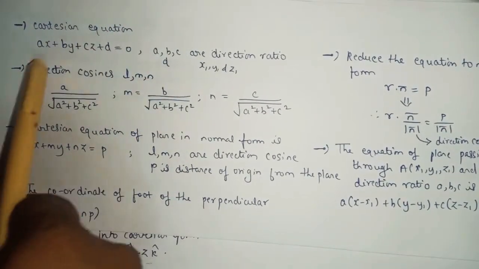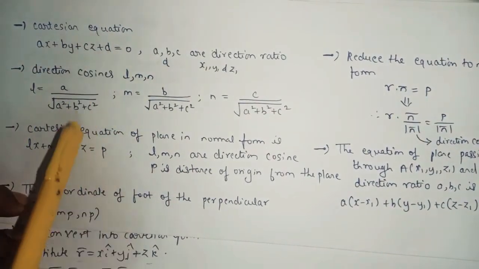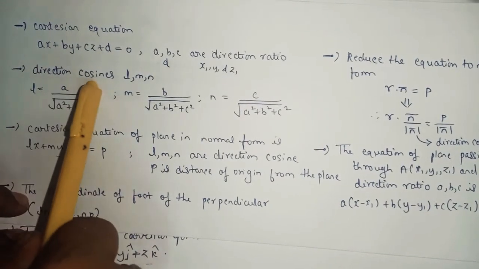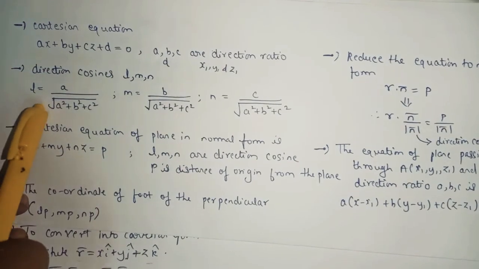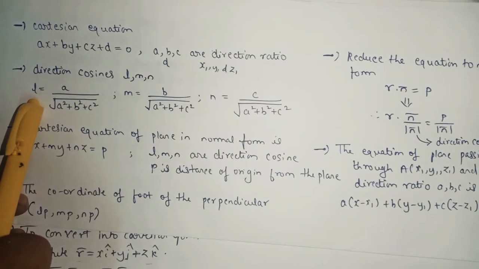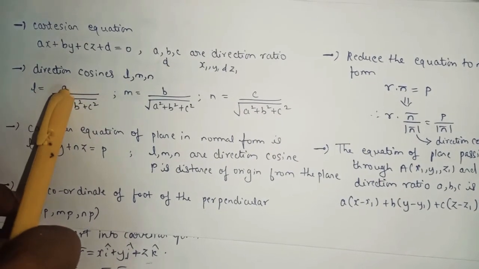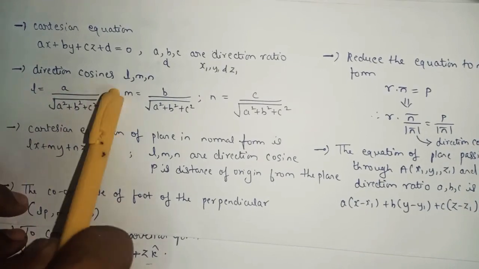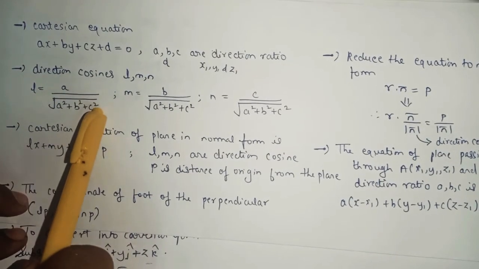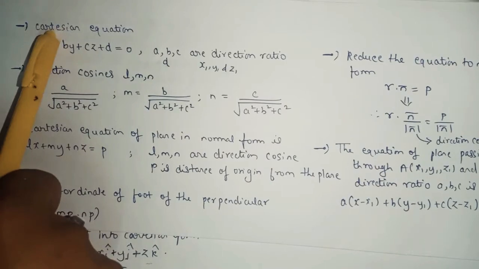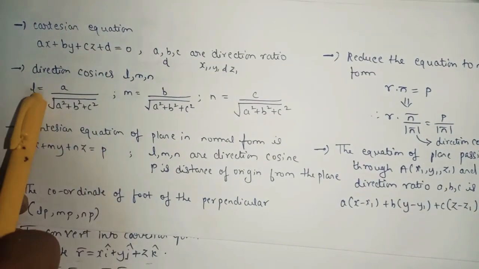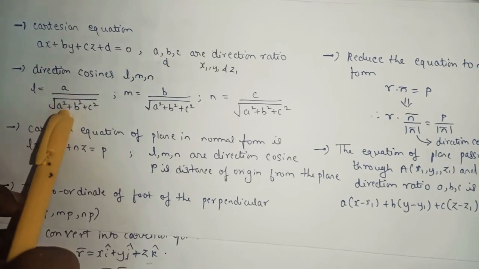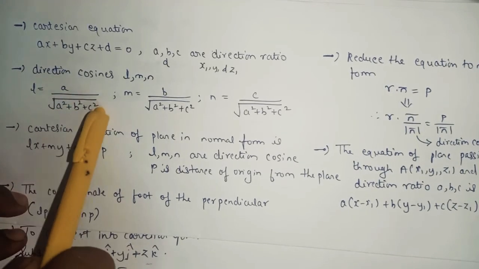After finding a, b, c, to find the direction cosines l, m, n, you simply apply this formula: l equals a upon the square root of a square plus b square plus c square. To find l, we write a upon the square root of a square plus b square plus c square.